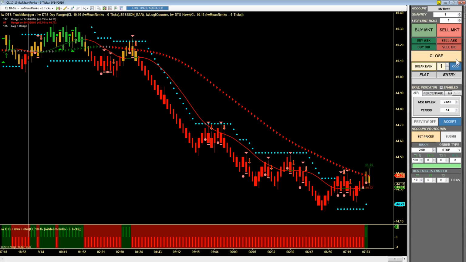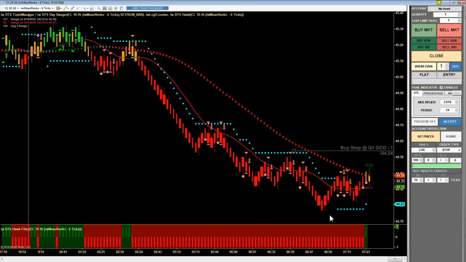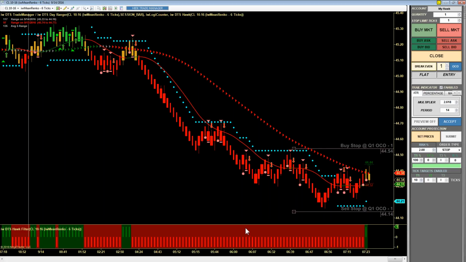And what we'll do is I'll use the OCO function and I will enter above that little swing high, and I will short below that swing low. And I've got my stops activated, running a fairly aggressive stop here. Yeah, stops are on. Okay, good.